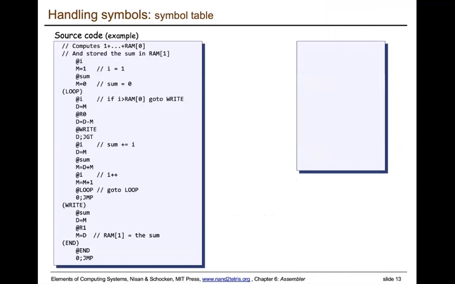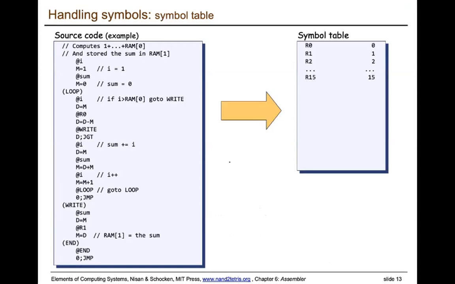Now, associated with the predefined symbols, we can create a symbol table. The symbol table looks like this. The first entries are R0 to R15, from 0 to 15, each assigned a number. So if your assembly code says R0, I will assign the number 0 to it, and if it says R15, it will translate to 15. This is a one-to-one mapping.